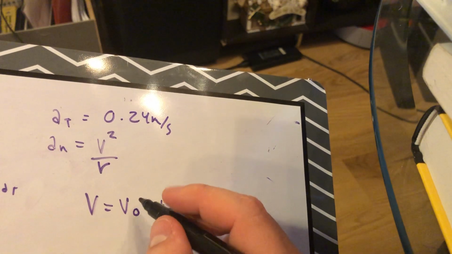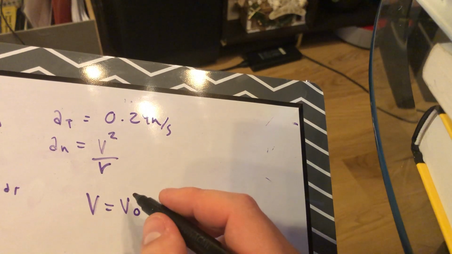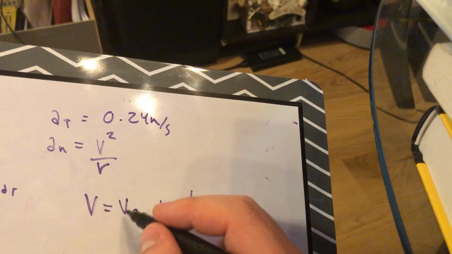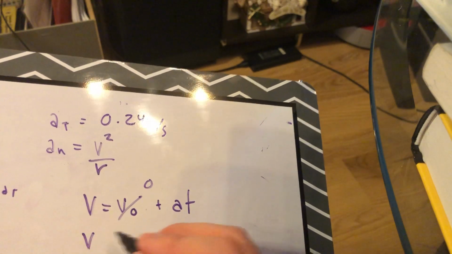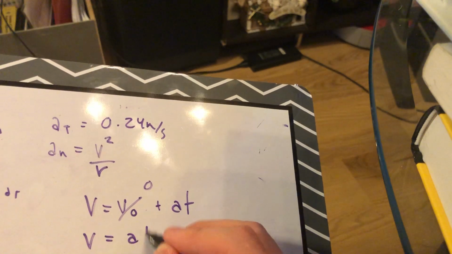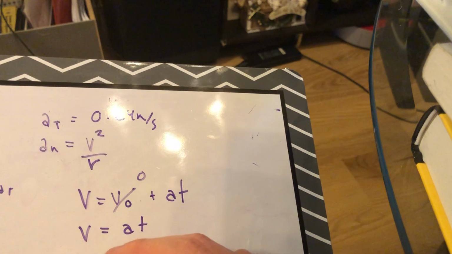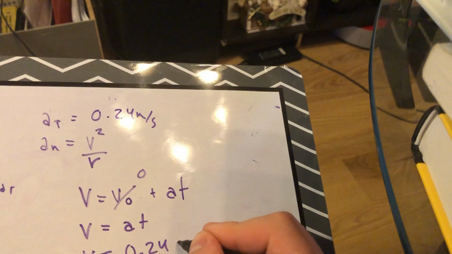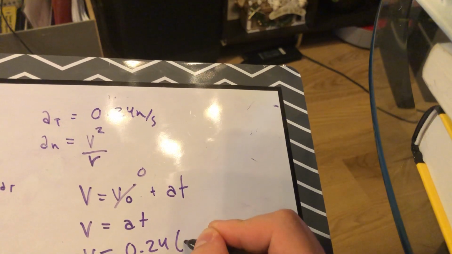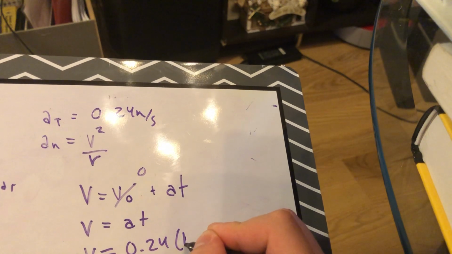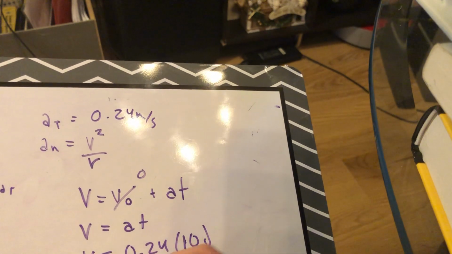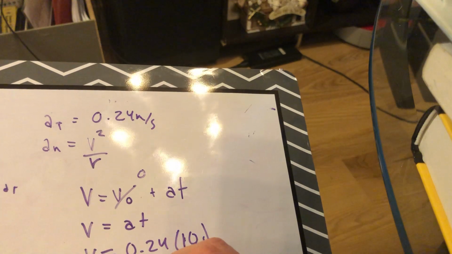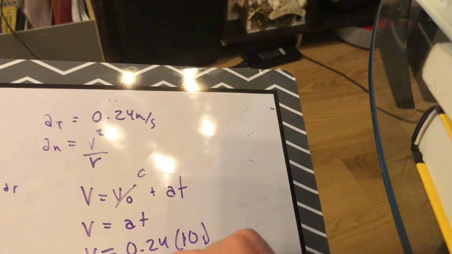We have a zero initial velocity, so that just goes to at. So velocity is equal to 0.24 times the time, which is 10 seconds. That gives us a V of 2.4.